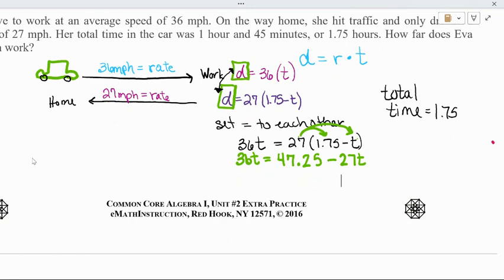So if you look at this equation right up here, you have the 36t already all by itself on this side. But on the other side, you have a constant and a variable term. I need to take this variable term and move it to the other side. If I move something across the equal sign, I have to use what kind of operation?